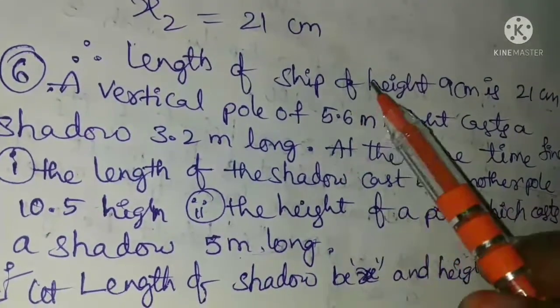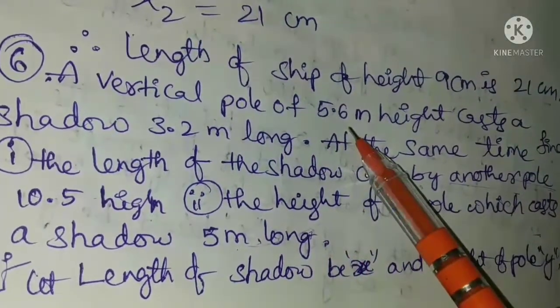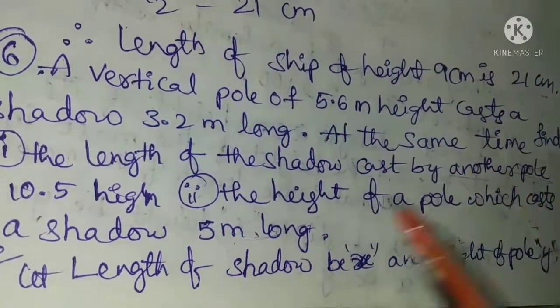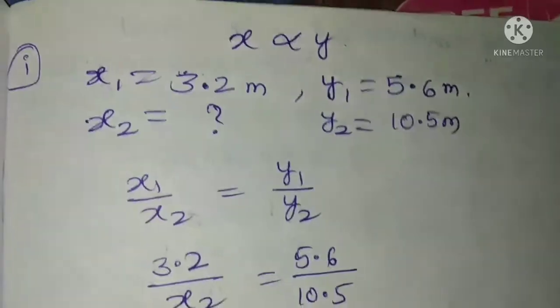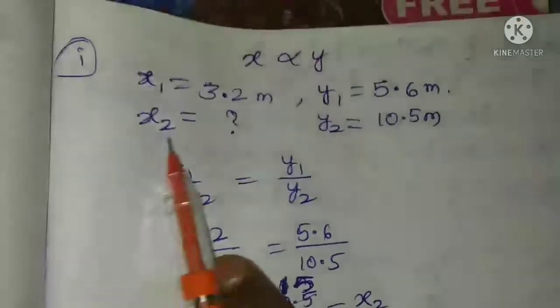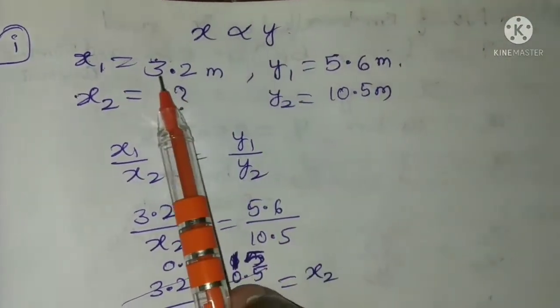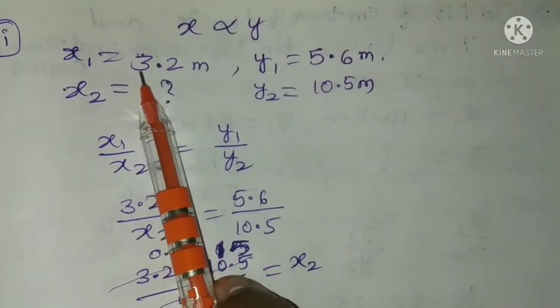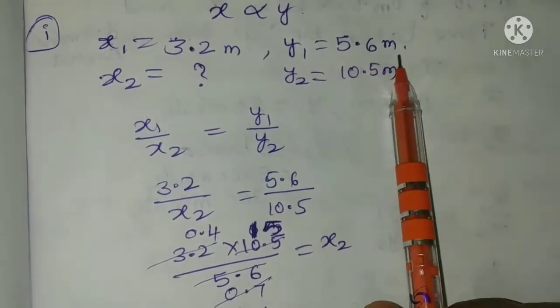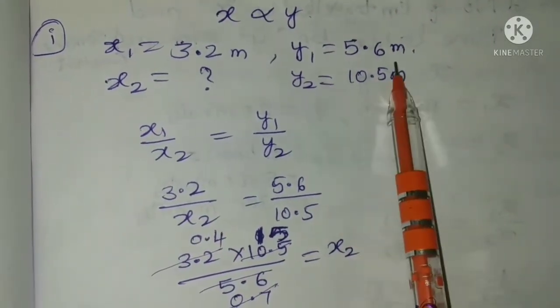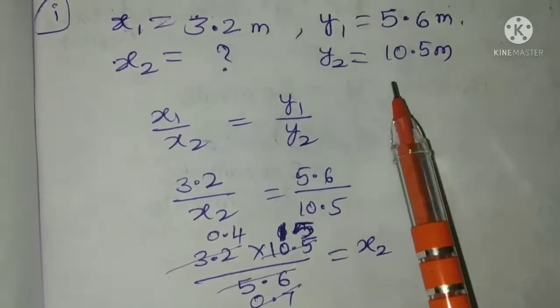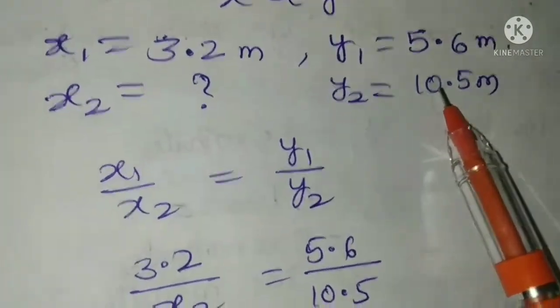So for all this, first we have to consider, let us assume the length of the shadow as x and height of the pole be y. Then x is directly proportional to y here. x1 is 3.2 meters, y1 is 5.6 meters. x2 we don't know, y2 is 10.5 meters. If height is 10.5 meters, what is the length of the shadow?